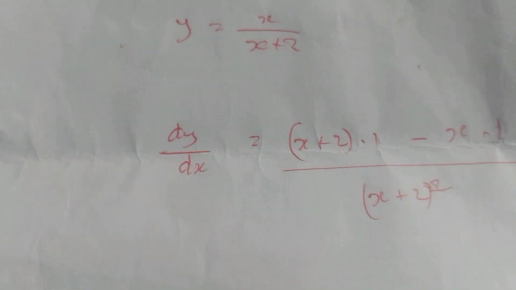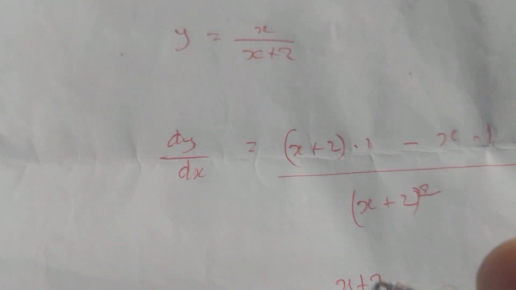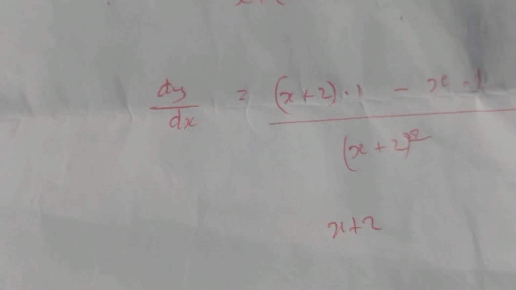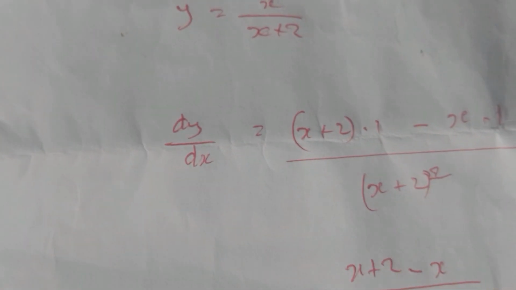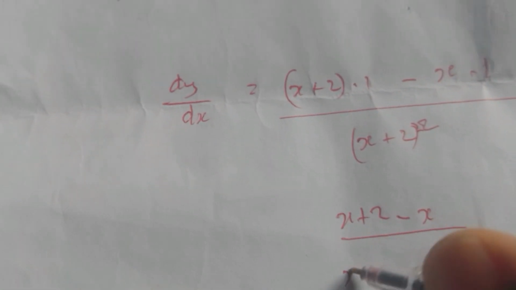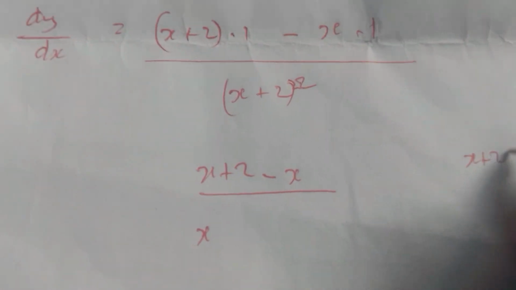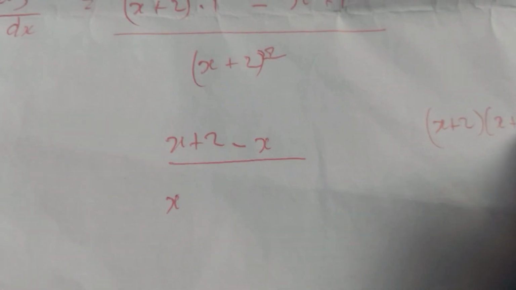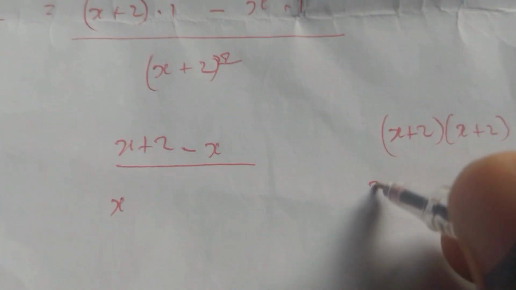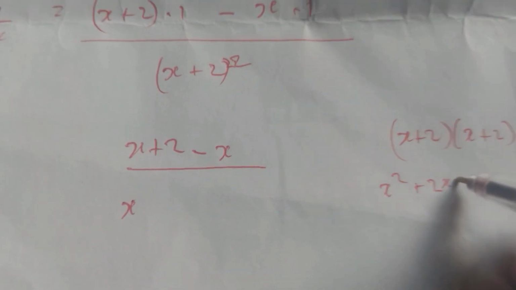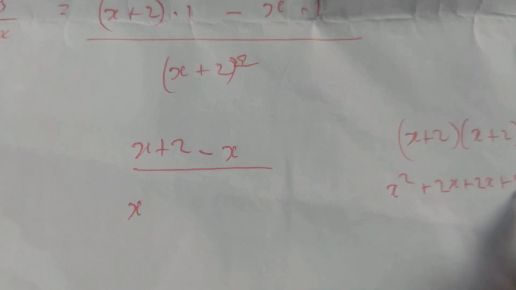So when we do this, we're going to have x plus 2 minus x, right? All over x plus 2 squared should be, let's expand it. Let's not just assume. x plus 2 times x plus 2. This will give us x squared plus 2x plus 2x plus 4.